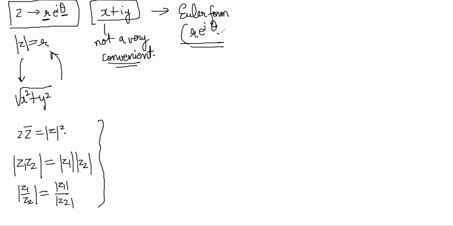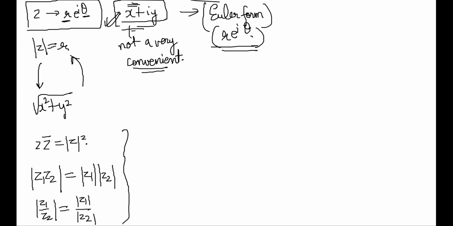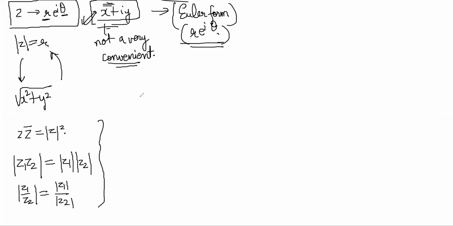Think of questions using this more. They might be teaching you in Allen to put x plus iy everywhere. Don't do that blindly. Many people keep doing x plus iy and then keep getting confused. If nothing is working you can try it, but it is unlikely to help if everything else is failing.